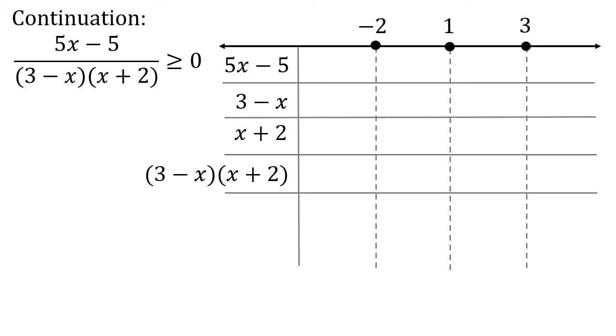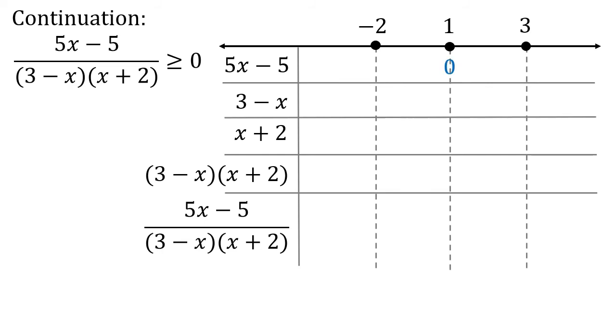So there. Okay, and then the numerator divided by the denominator, the given rational expression, 5x minus 5 all over 3 minus x times x plus 2. Okay, so 5x minus 5 will be 0 if x is 1. 3 minus x will be 0 if x is 3. And x plus 2 will be 0 if x is negative 2.